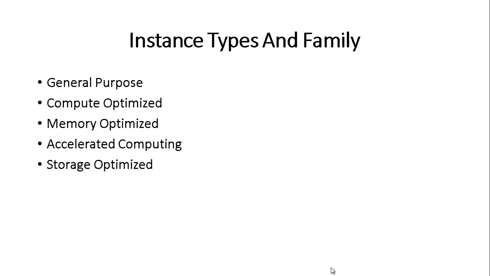When we create an instance, we can see that these family types are available there, and inside each family several instance types are added. So let's discuss one by one the AWS families as well as the instance types.